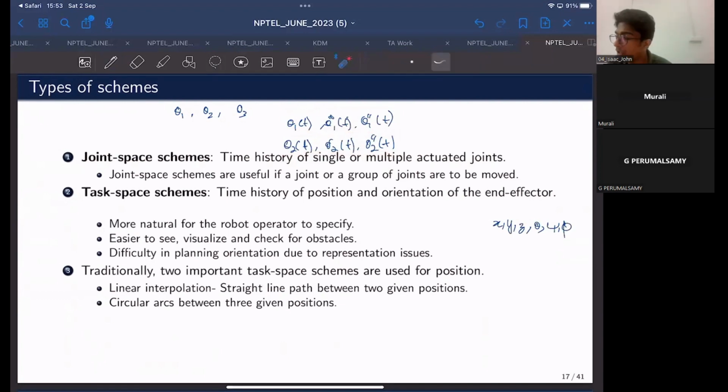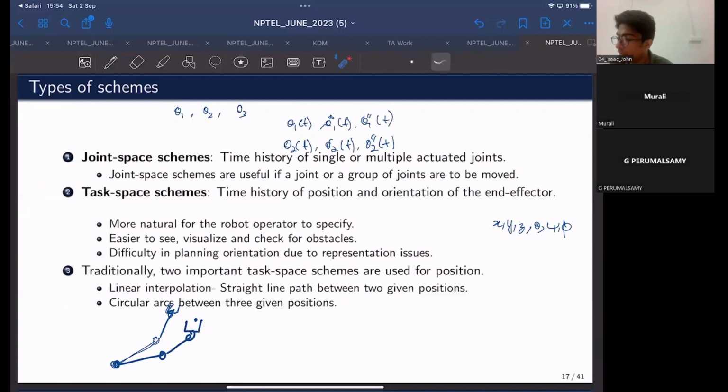Right? And the key specific feature of task space is that it is more natural for a robot operator to specify. Because intuitively, if I am drawing a 2R robot, this is the end effector, initial position, and final position would be something like this.